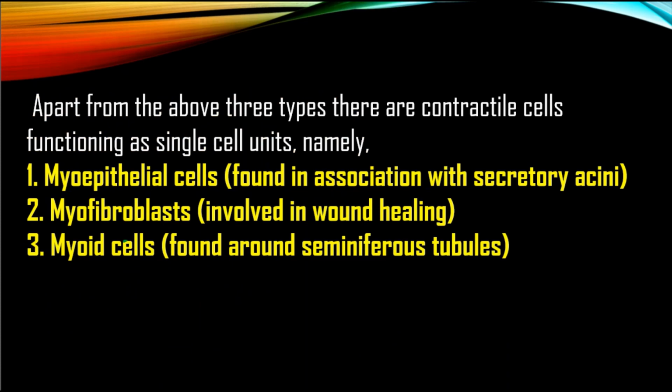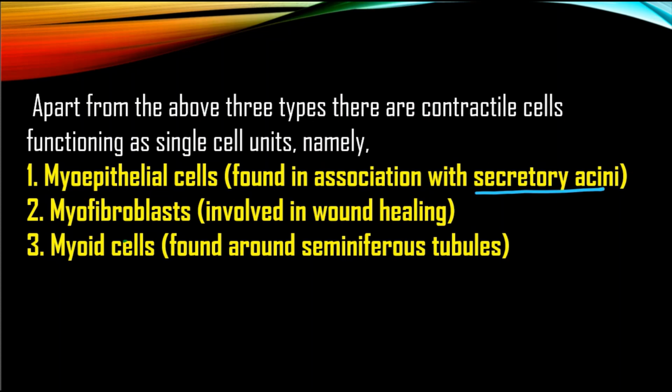All right, so apart from the above three types of muscles, there are also contractile cells that function as single cell units, namely the myoepithelial cells. You may remember the myoepithelial cells from when we were doing the glandular epithelia. They are found in association with the cells of the secretory acini of glands.